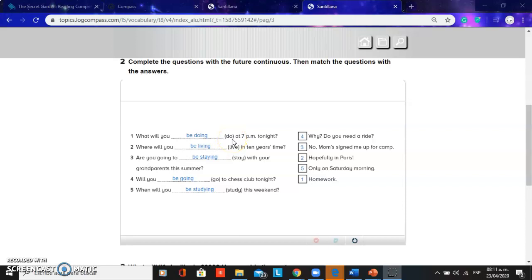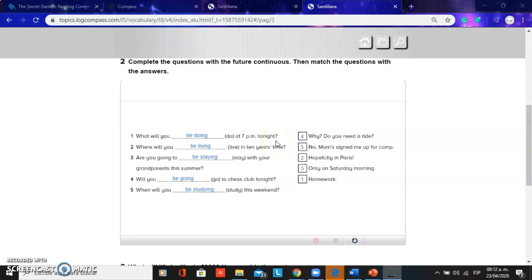Check that because some of you didn't change the verb. You need to write the correct verb. So if you have here the word do, you're going to add ing, and that is doing. And because that is a question, what will you be doing at 7 p.m. tonight?